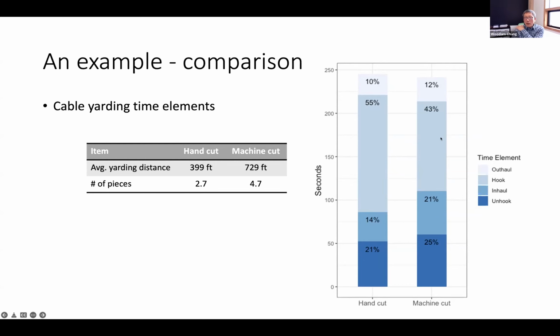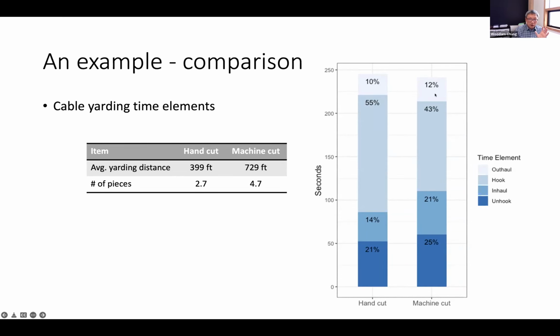And here, out haul time or in haul time, obviously in machine cut area it takes longer time to send out the carriage because of this longer distance the carriage has to travel. Okay, it makes sense. And also unhooking time, it makes sense that in machine cut area it takes longer time to unhook by a chaser because the chaser has to unhook more pieces, more trees, of course, so it takes a longer time.